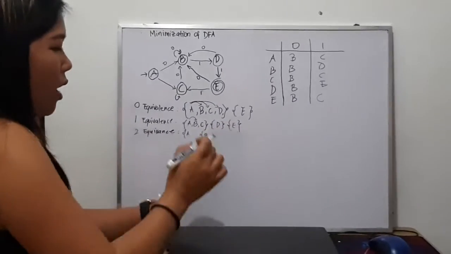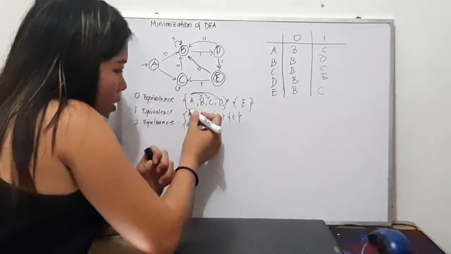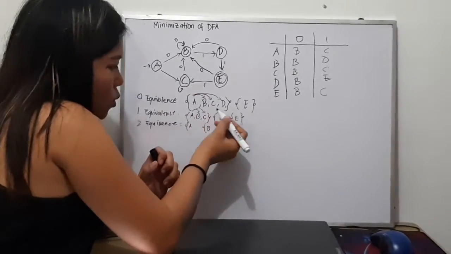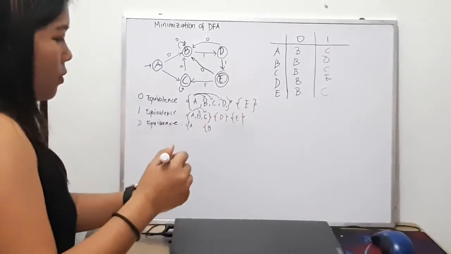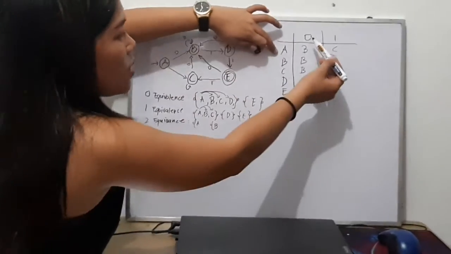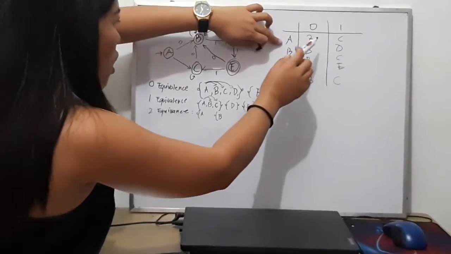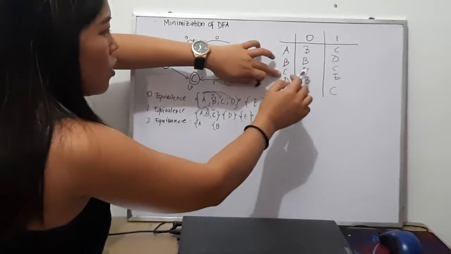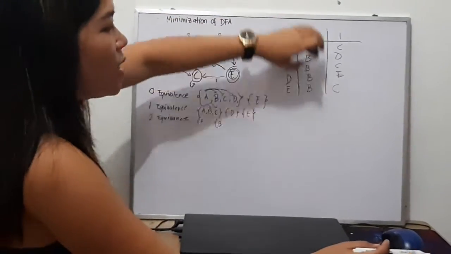And now I will check the next pair, A to C. A given input 0 goes to B, and C given input 0 goes to B. They are the same state.